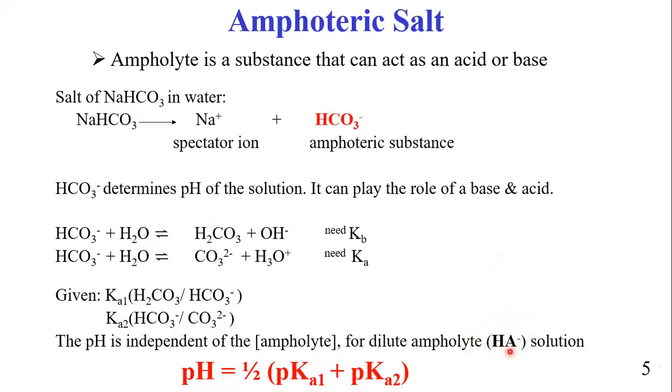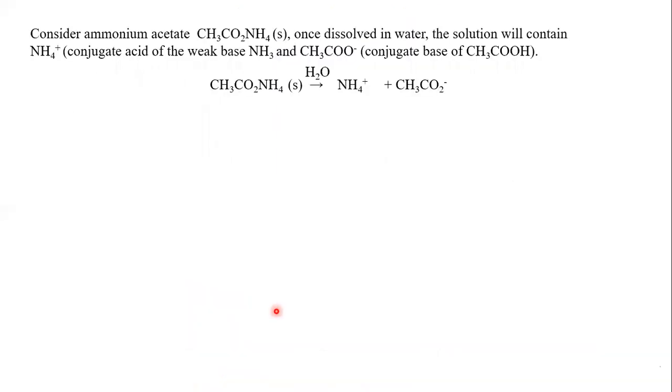And this HA- in solution acts as an ampholyte. One moment it can react with the water to give OH-, another moment it reacts with water to give H3O+. And thus I want you to memorize that the pH of such ampholytes is simply half of pKa1 plus pKa2, where Ka1 is the first dissociation of the acid and Ka2 is the second dissociation of the acid, which we're going to look at when we get to diprotics later.